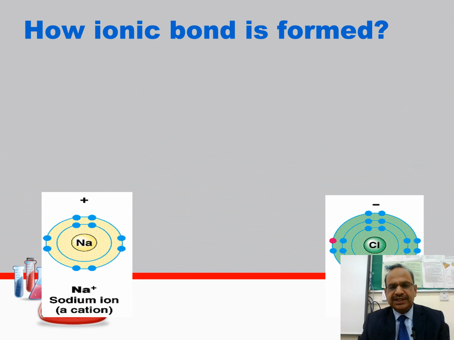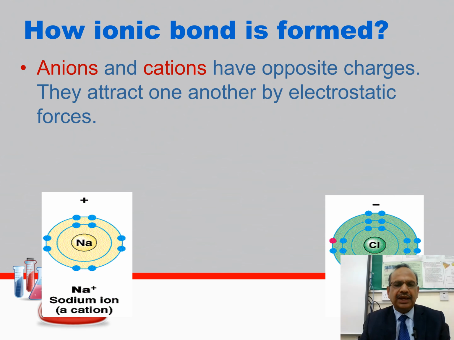This force of attraction is called an ionic bond. So anion and cation have opposite charges, they attract one another by an electrostatic force of attraction, and this force of attraction is called an ionic bond.